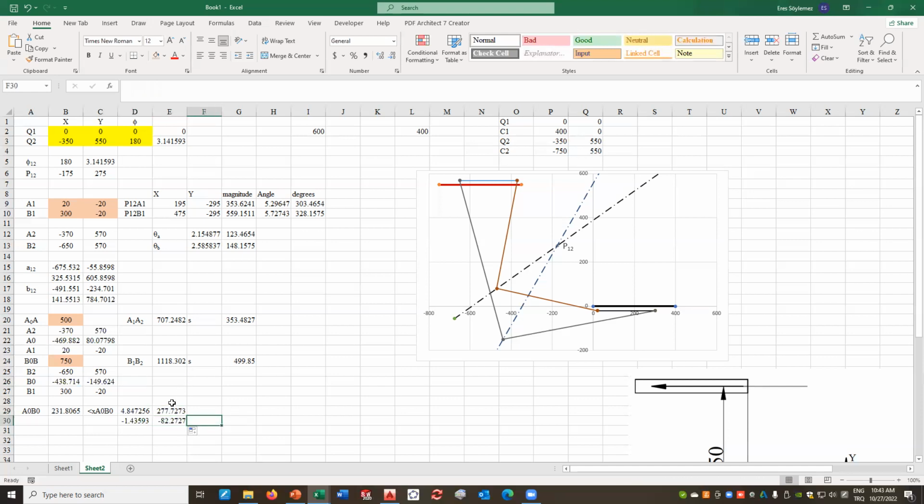If you add the two up, minus 82 degrees and 277, or this value minus this value, as you can see, it is 360.